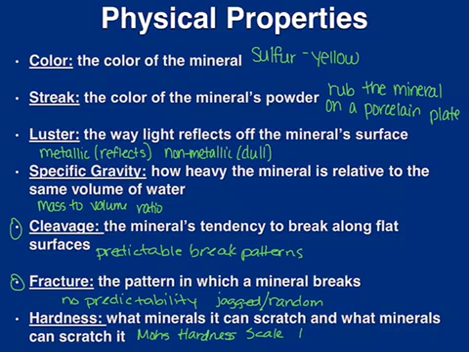This scale runs from 1 to 10, 1 being the softest and 10 being the hardest. Your hardest mineral would be a diamond, and your softest mineral is what we call talc.